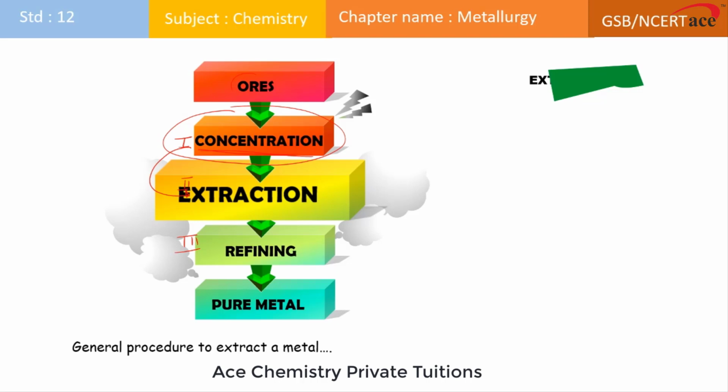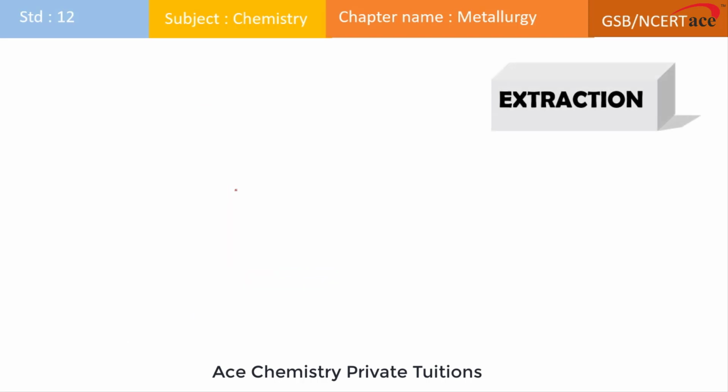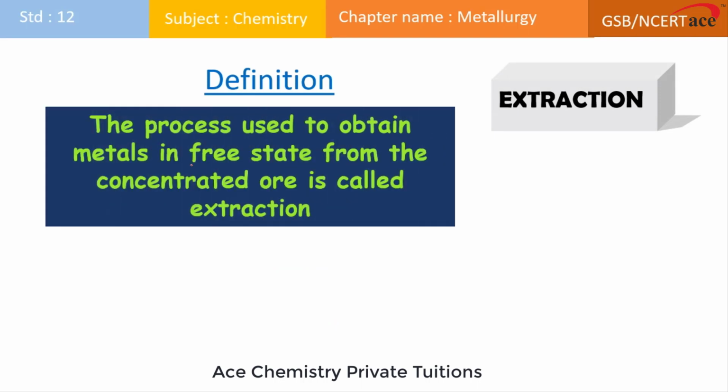In science, when we say extraction, the easy way to define it is this: the process used to obtain metals in the free state from a concentrated ore.